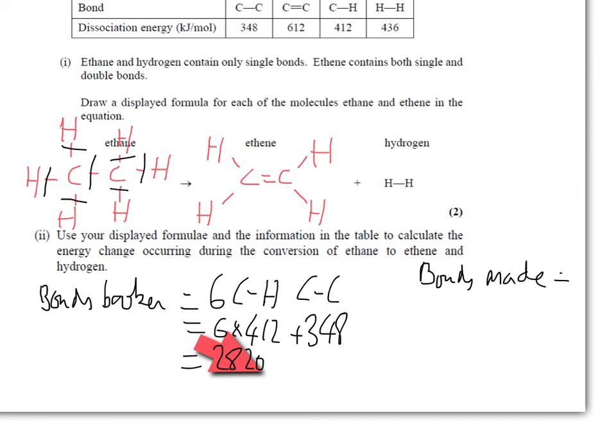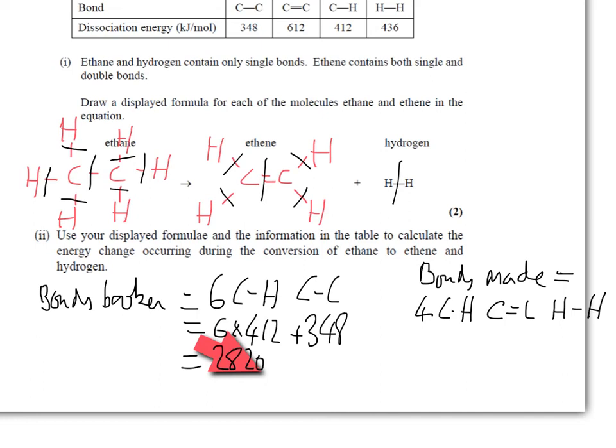Okay, now we're expecting overall the reaction to be endothermic from what was said on the previous slide. So bonds made, well, we've made 1, 2, 3, 4 CH bonds. We've made a CC double bond, okay, and we've made an HH.